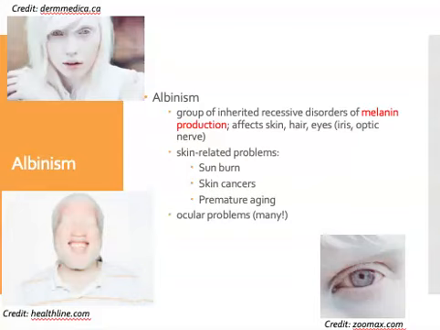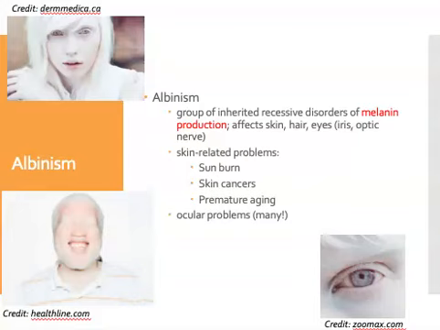In other words, people who inherit albinism do not make normal levels of melanin, and so they don't have color in their skin. Now, in addition to their skin, it also affects their hair and their eyes.